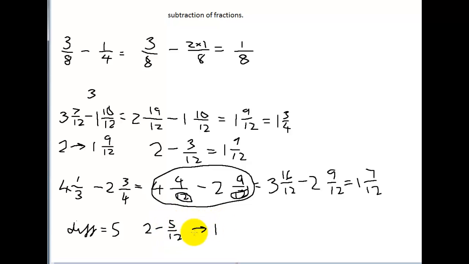So basically you're doing 12, your denominator, minus your difference, 5, over the denominator, which should equal 1 and 7 over 12, like the method up here.